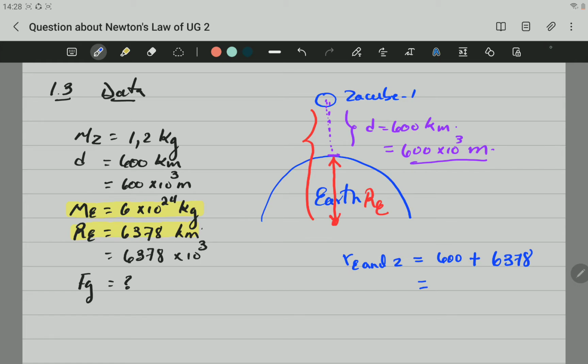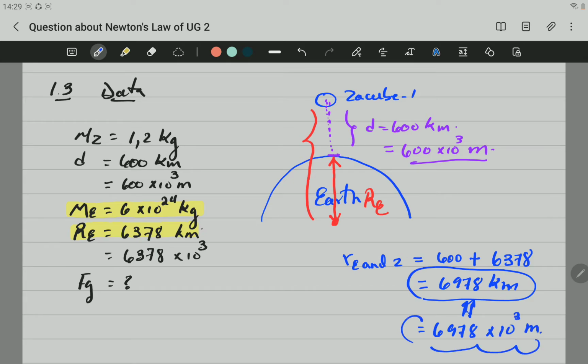Alright, and the answer here will be 6,978 kilometers. This is the total distance from the center of the Earth to Zakube. This is the distance we have to use in our formula. Remember, we have to convert into meters, so it will be equal to 6,978 times 10 to the 3, or times 1000, and that will be converted to meters.